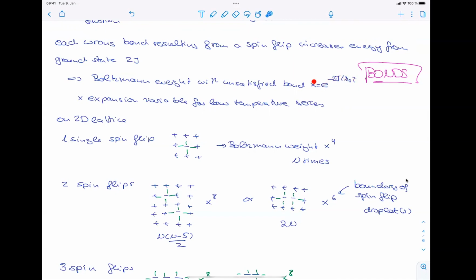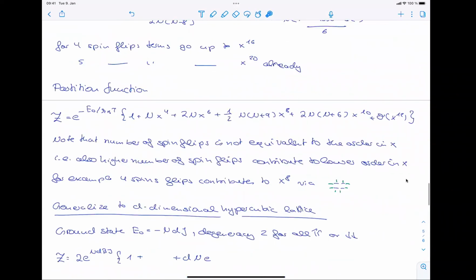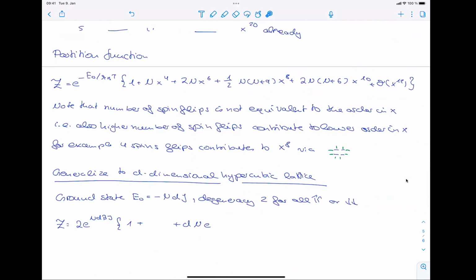So I'm replacing this x by something where I'm enumerating the amount of bonds that I change when I go up in dimension. So it's n to the e 4d.